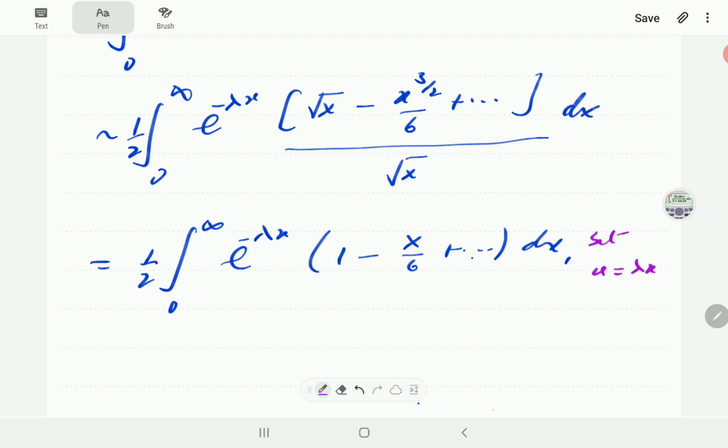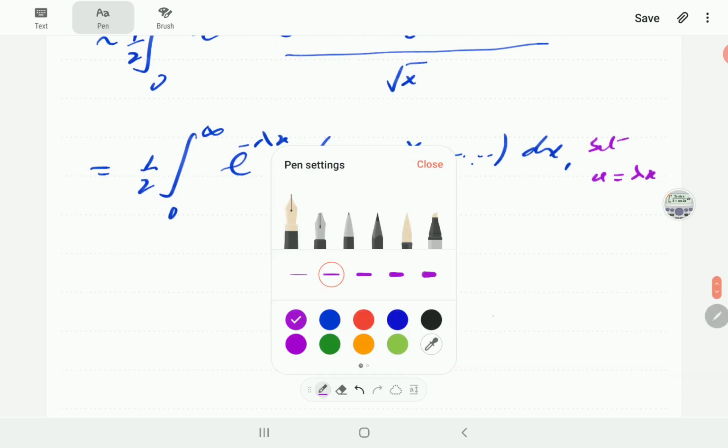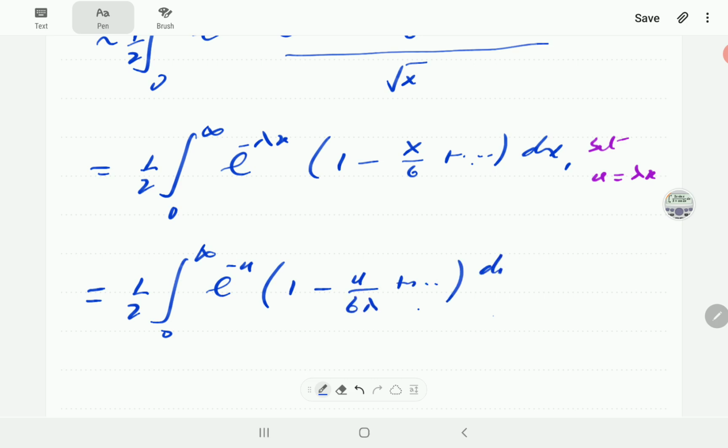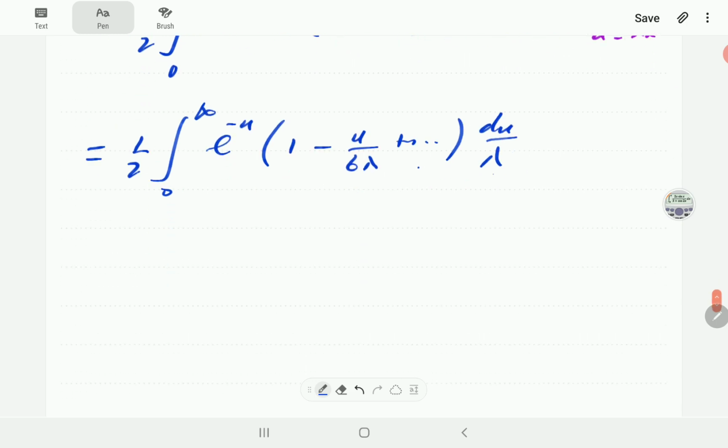So when we do that, this integral is going to become 1/2 integral from 0 to infinity e to the minus u, 1 minus u over 6 lambda, du over lambda.